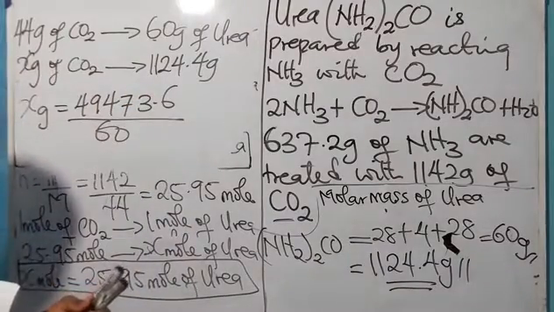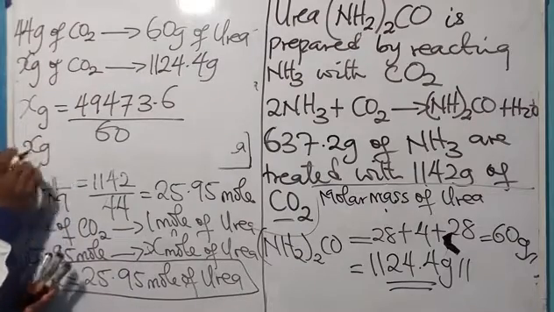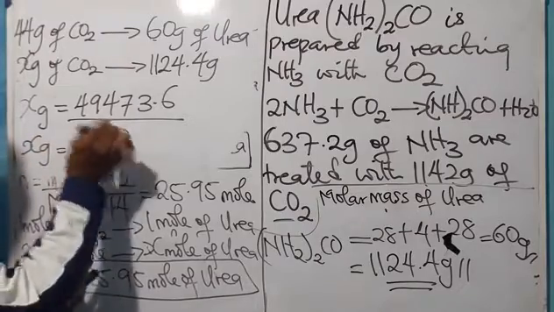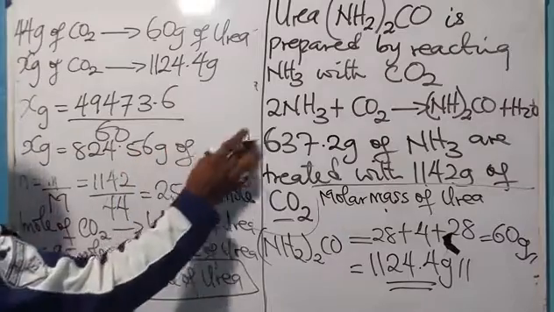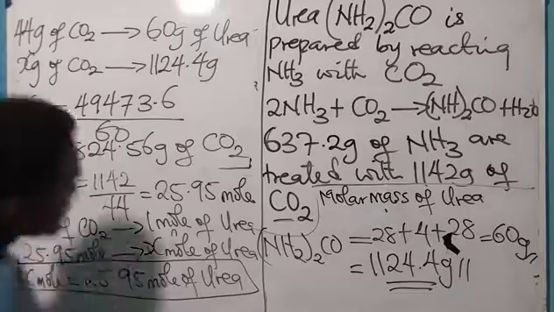So S gram is equal to 824.56 gram of CO2. You see, it is very, very easy.